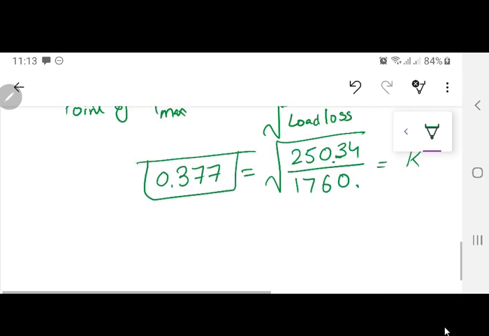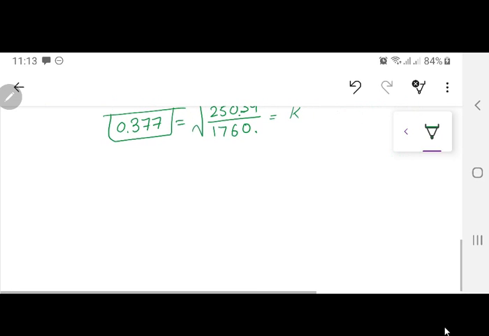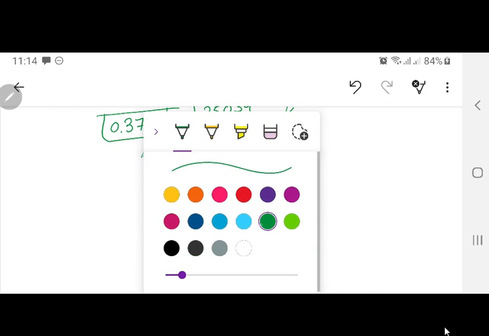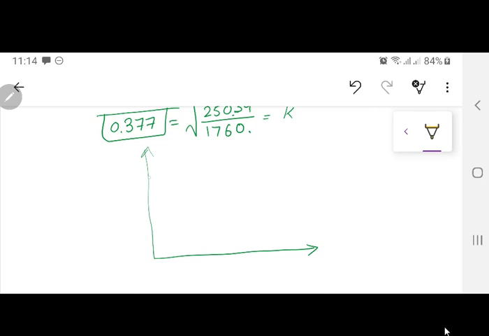So if I make a small graph over here, I hope some of you still remember this graph, but we have done this in the machines also. In this graph, this is the no load loss, and this is constant.